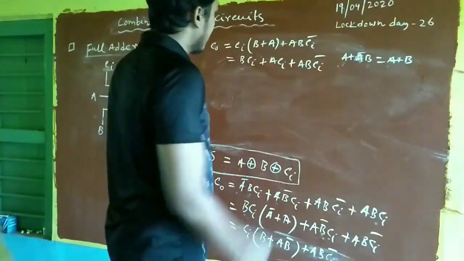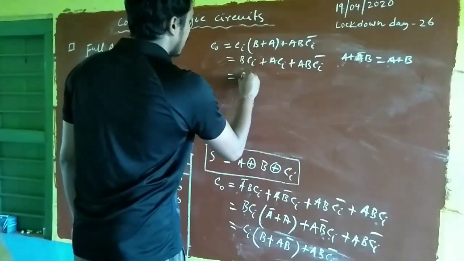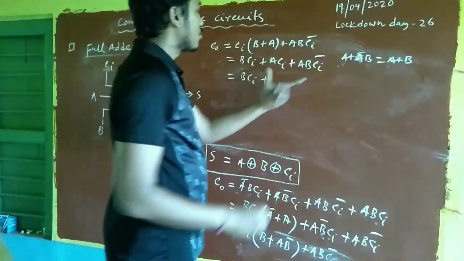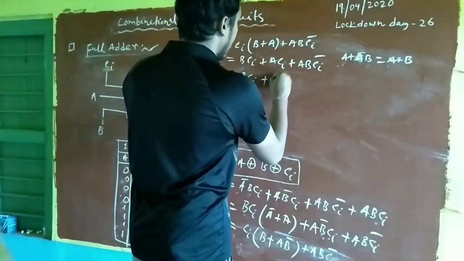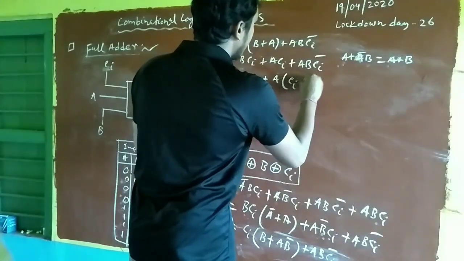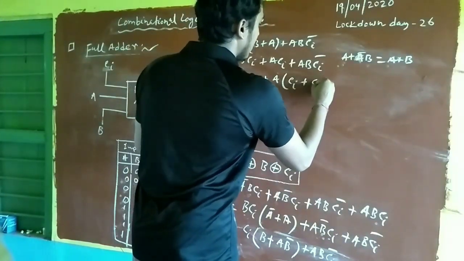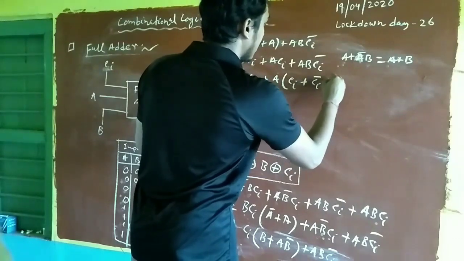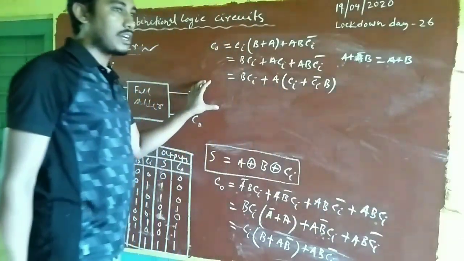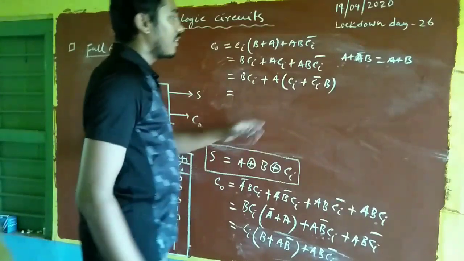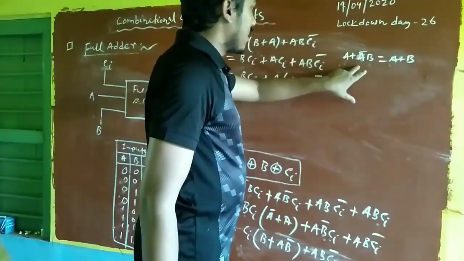Now again, from the last two terms, if we take common A, we will get Ci plus Ci bar B. Now again we will apply the absorption law.